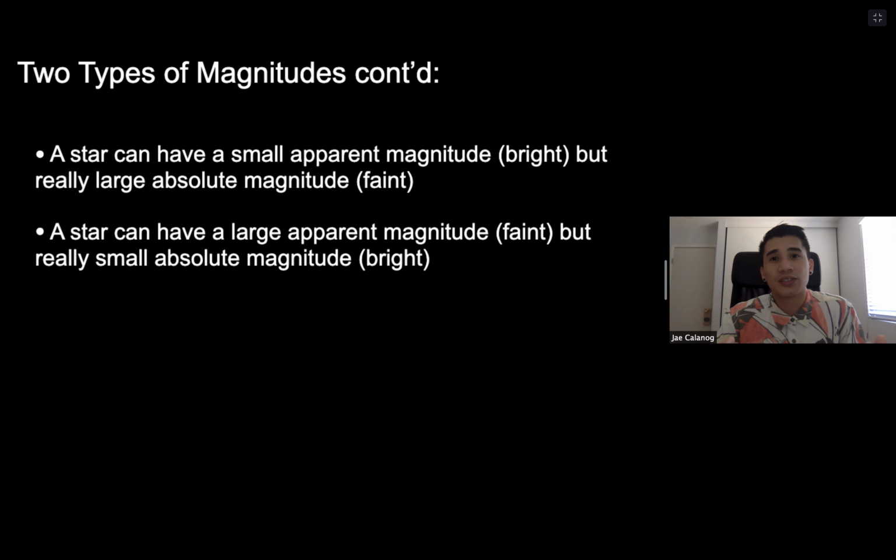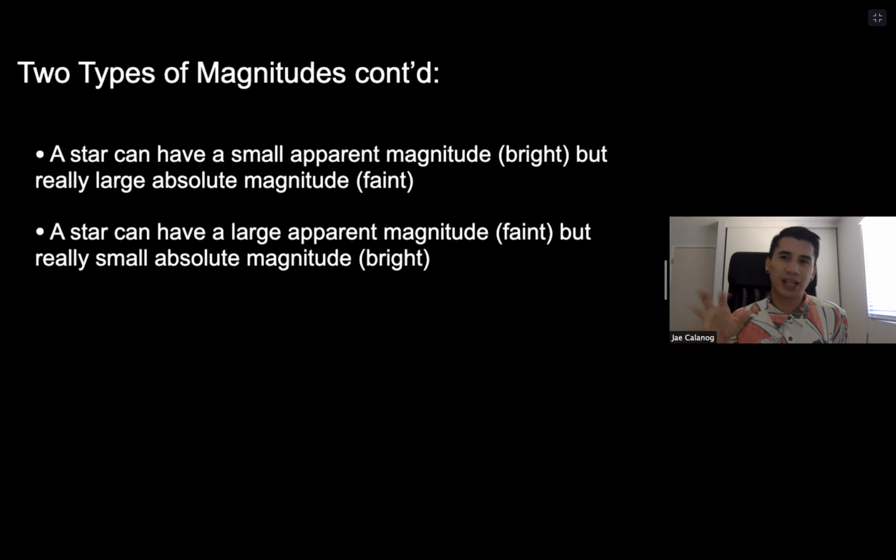Or you can have a star that has a large apparent magnitude, and the reason for why that could be is because that star is really far away. But then if you move it 10 parsecs, so you're moving it closer to you, then it could have a small absolute magnitude. So it turns out it's actually emitting a lot of light, but relative to you on Earth, because it's so far away, then it looks faint.